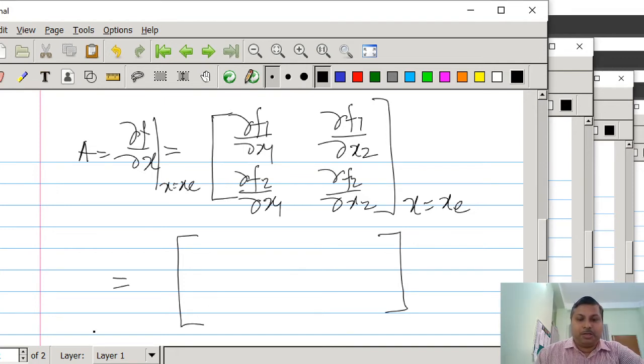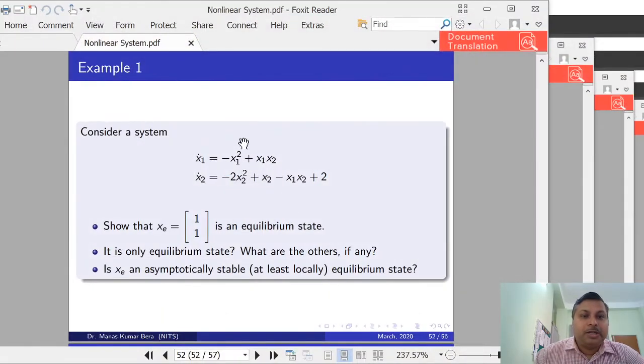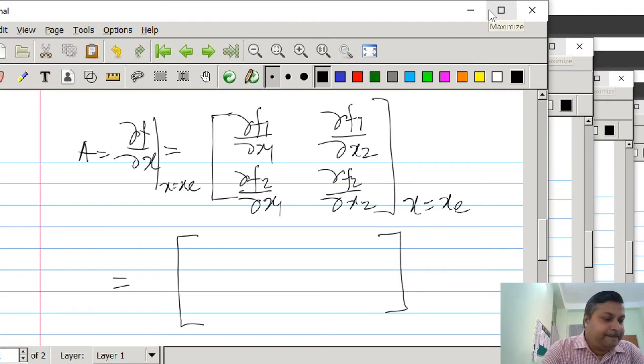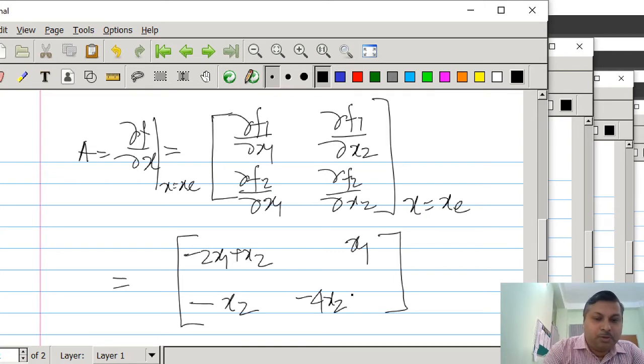Suppose, just follow it, minus x1 square plus x1 x2 is f1. You have to take the partial derivative with respect to x1. What will be the result? It will be minus 2x1 plus x2, and similarly it will be x1, and it will be minus x2, that is minus 4x2 plus 1 minus x1.